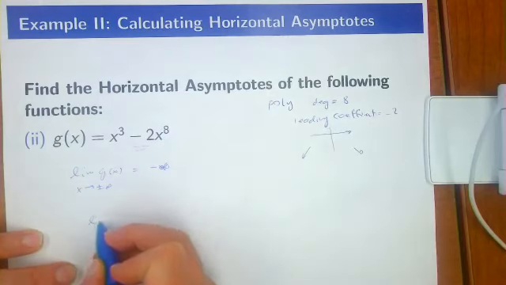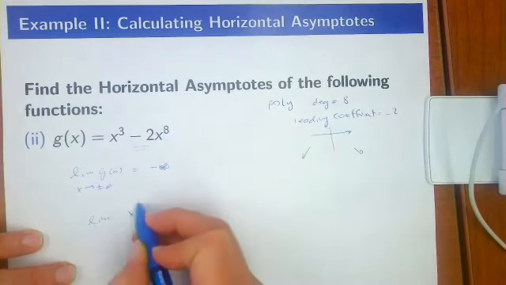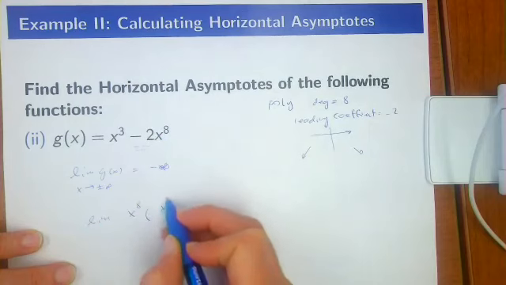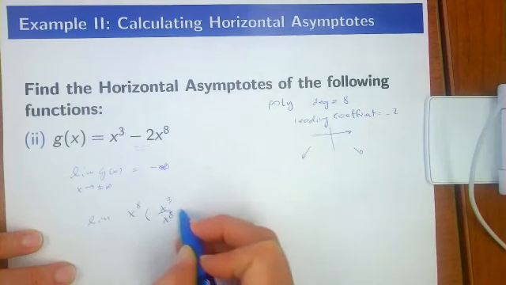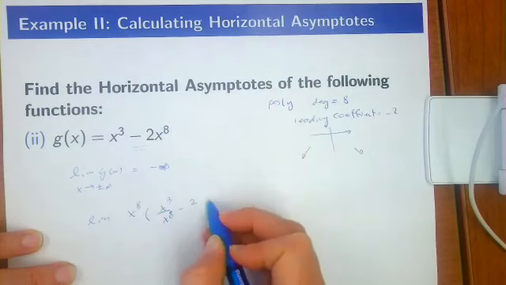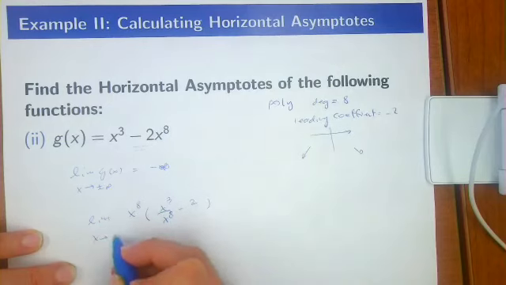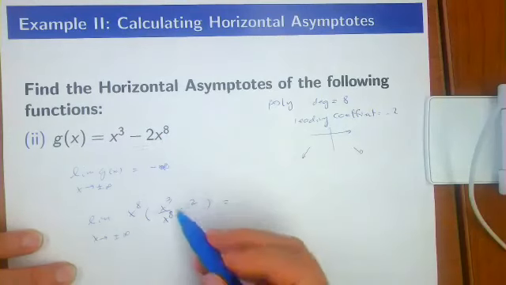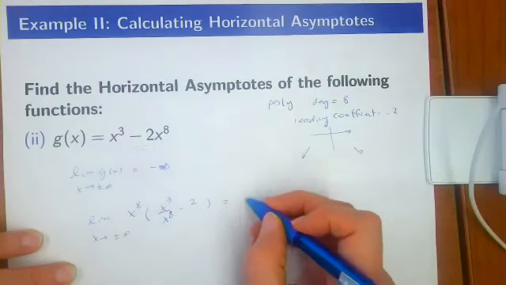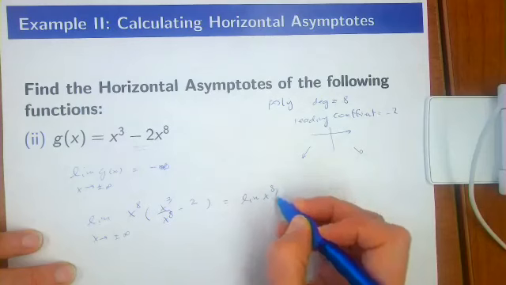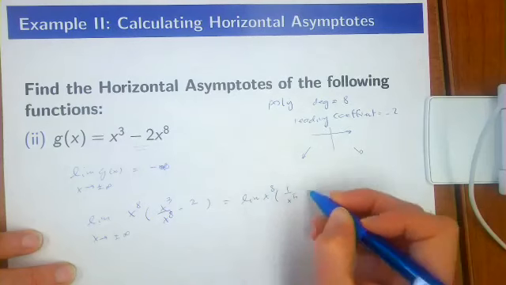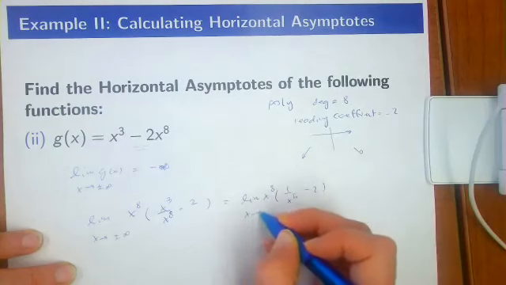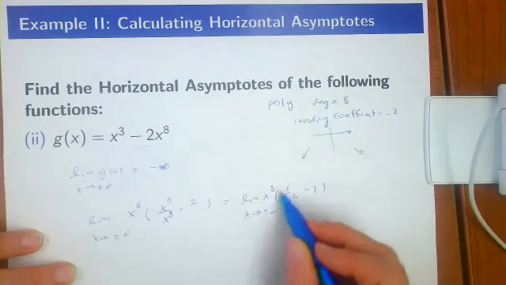And so I can write the limit of x to the power 8 times x to the third over x to the 8 minus 2 as x goes to plus or minus infinity. And then in this case, it would become the limit of x to the 8 times 1 over x to the 5th minus 2, x goes to plus or minus infinity.